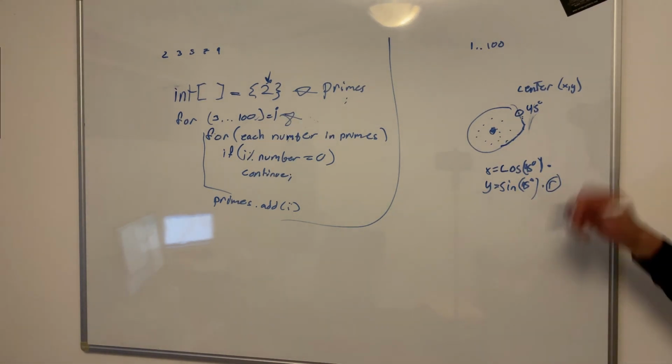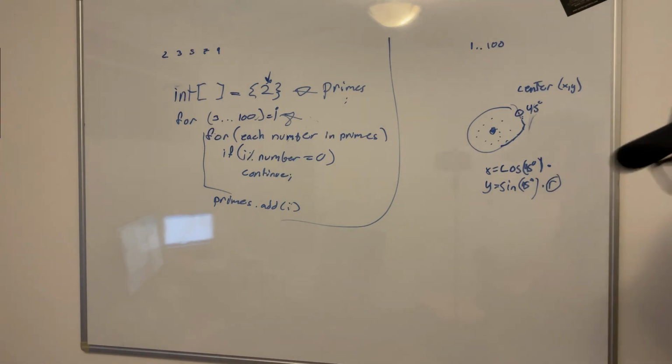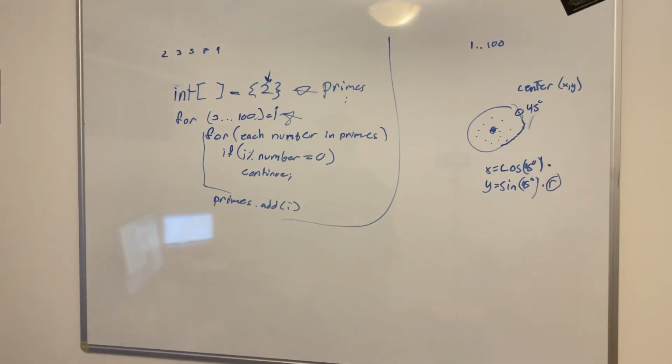We can set the angle mod 360, and then just loop through the primes using the angle. So that's pretty much it. Let's get into it.